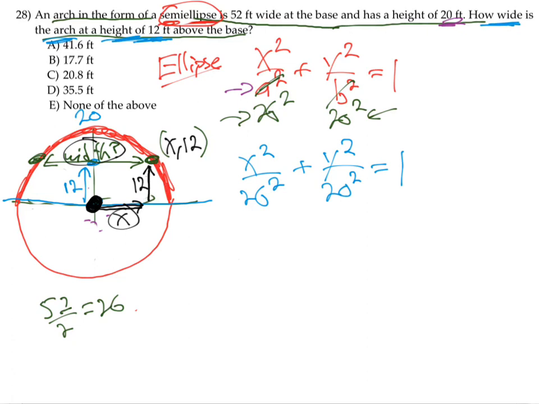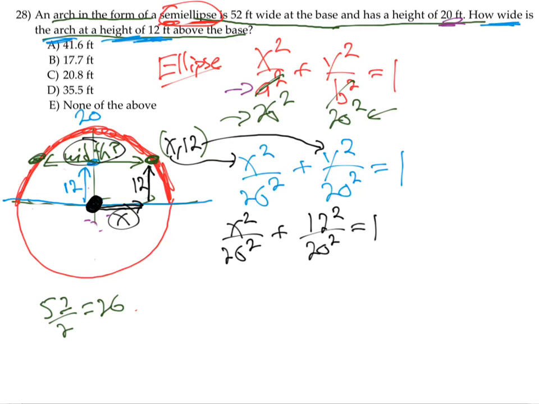So let's plug in x for x, 12 for y. So x squared over 26 squared plus 12 squared over 20 squared equals 1. Is that making sense? Since it's a point on the edge of the graph, if you're a point on the graph, you can plug into the equation. You'll make the equation true.